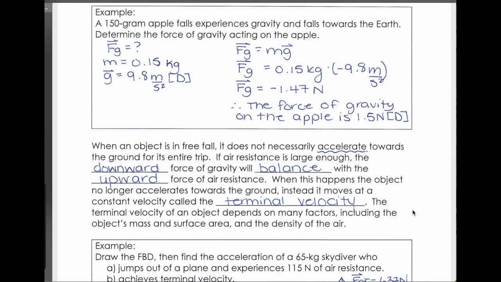Objects such as a bowling ball falling compared to a flat piece of paper, we see that they accelerate towards Earth at different speeds, and that is due to the air resistance pushing upward. Okay, if they're falling long enough, they all experience that balance of these two forces.